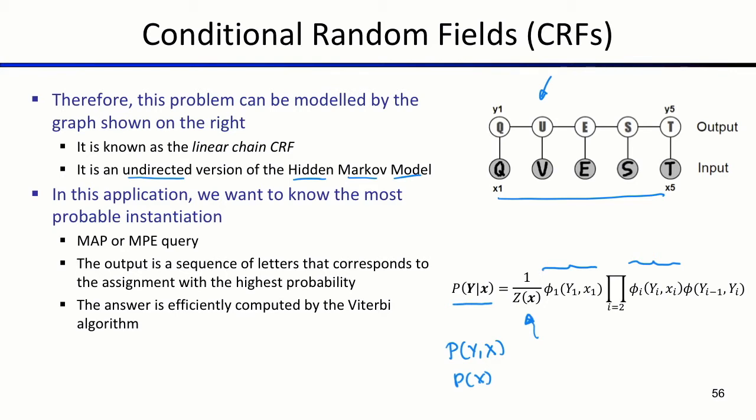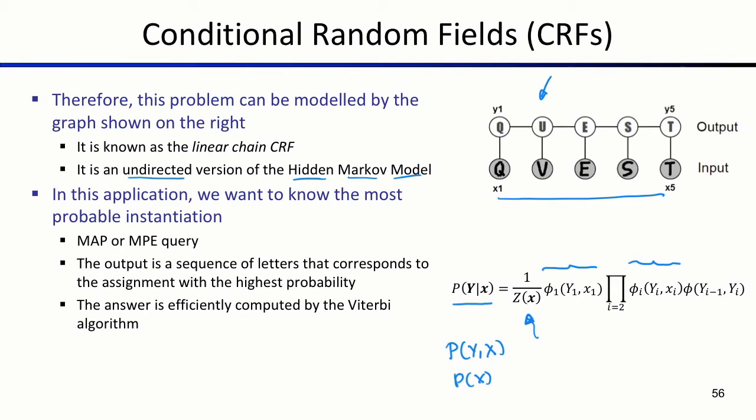So this is one explanation for why we call z the partition function and not the partition constant, is because for some applications this partition function depends on something. In this case here, for the conditional random fields, it will depend on the input x, and the probability will be the Gibbs distribution.